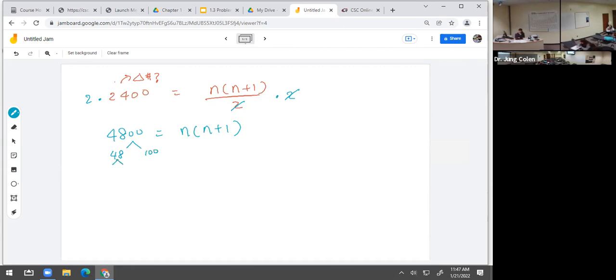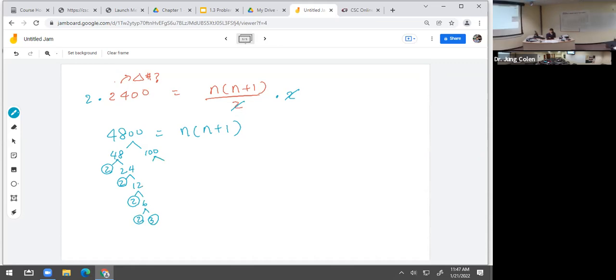So 48 is divisible by 2 because it's an even number, and 2 times 24 makes 48. 24 is also even, so continue: 2 times 6 times 3, and 100 is 10 times 10.